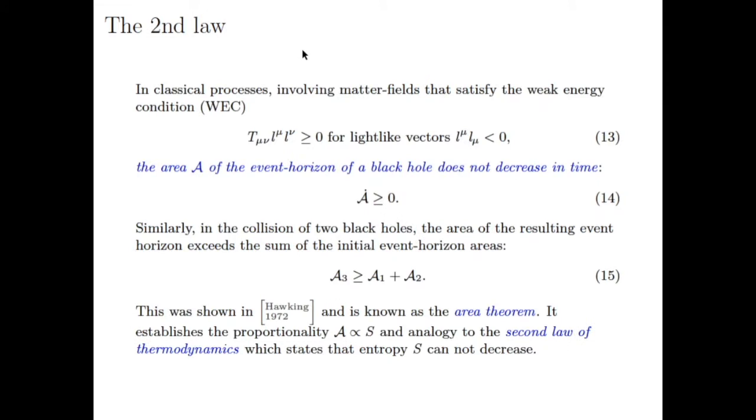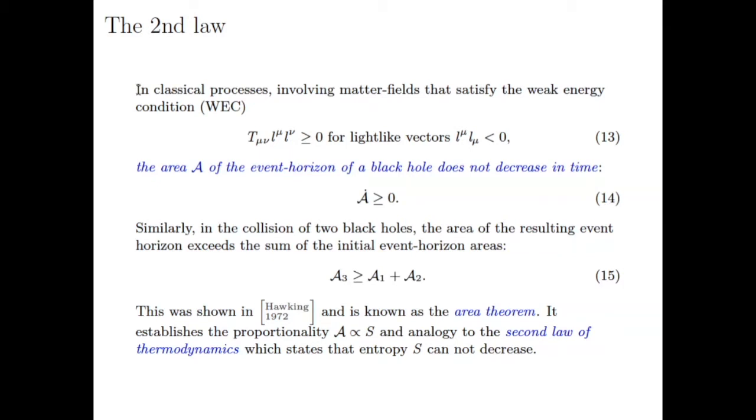And then famously there's the second law, which was proven by Hawking, which says in classical processes, which involve matter fields that satisfy the weak energy condition. So we are looking at cases where, let's say, we throw matter into black holes, but what kind of matter?